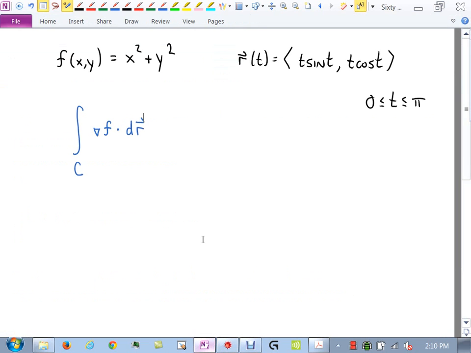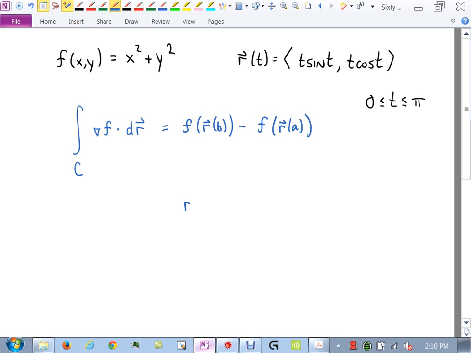So I have all the conditions, don't I? Smooth r, nice gradient. So all I need to do is figure out what f of r of b is. Be careful not to say f of b, because it's f evaluated at the endpoint of the curve, minus f of r of a.